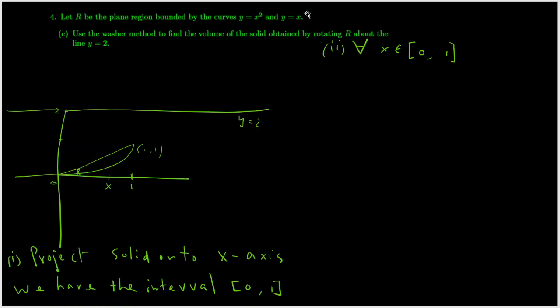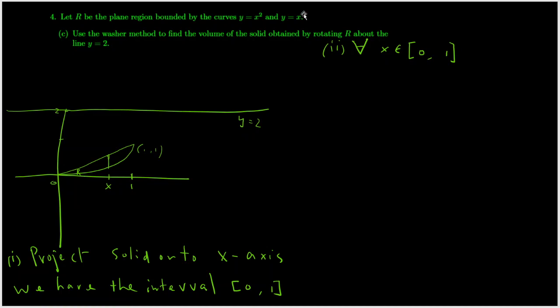I will try to use a different way to let you see the washer so that we can identify the inner radius and outer radius. Still, you take that little line segment passing through x for the plane region. You use a line to cut the plane region, and you have a little line segment.